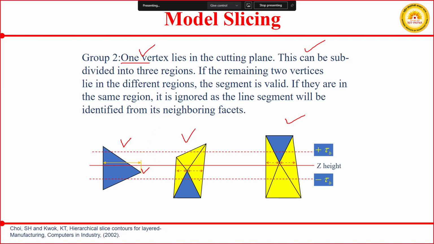Here in the first case, one vertex is lying in your cutting plane. In this particular triangular facet, a single vertex is lying in your cutting plane, and here also the same.